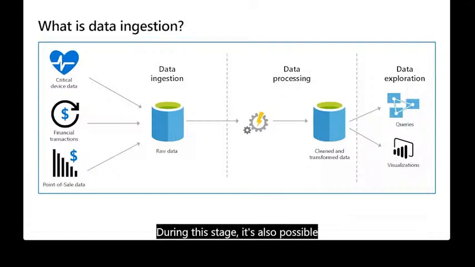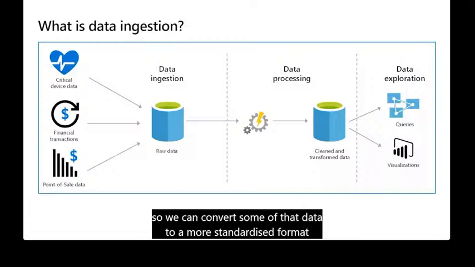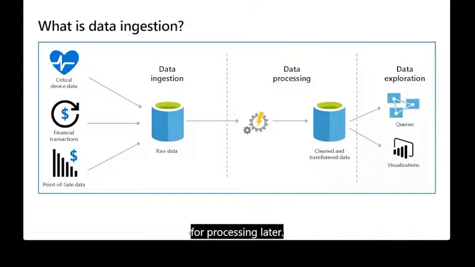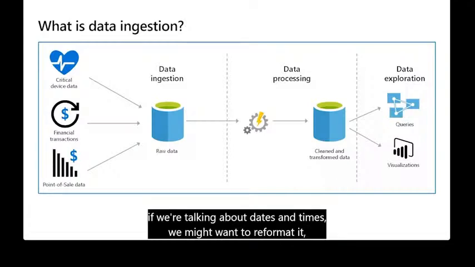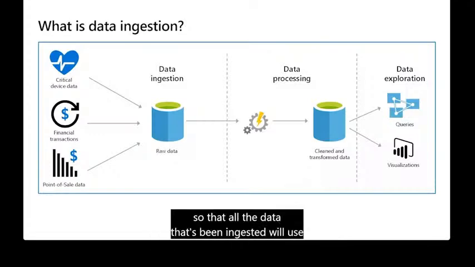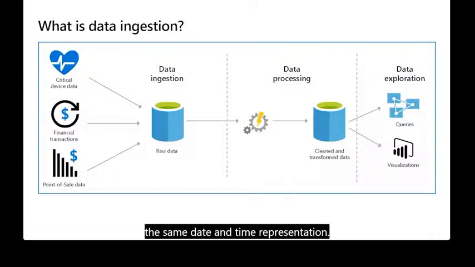During this stage, it's also possible to do some transformation to the data. So we can convert some of that data to a more standardized format for processing later. For example, if we're talking about dates and times, we might want to reformat it so that all the data that's been ingested will use the same date and time representation.